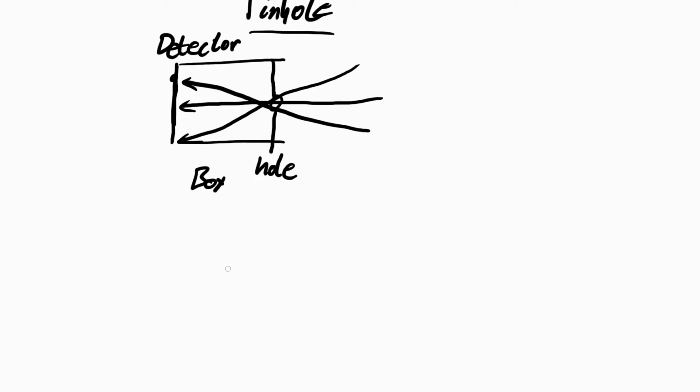One important thing to note before we continue is that this will actually generate the image upside down. So if we have a little stick man here, you see this lowest point at the bottom actually goes to the top of the detector, and this middle one goes to the middle of the man. So you get something looking like this.